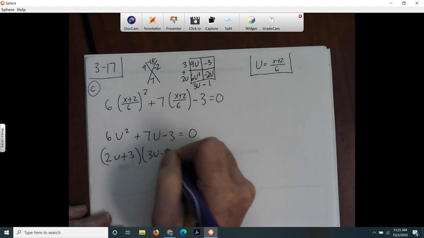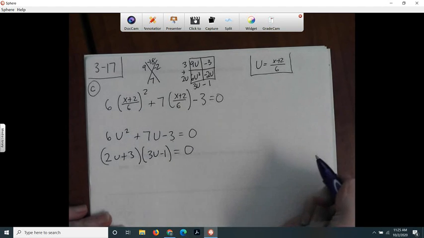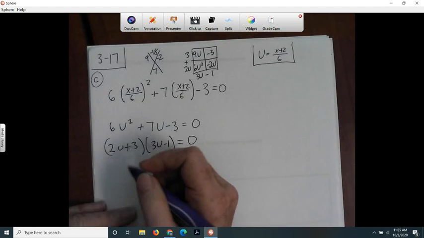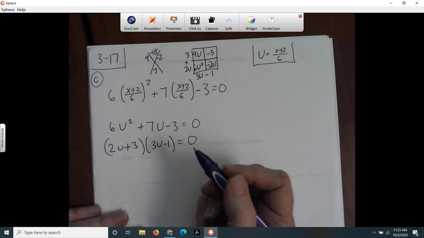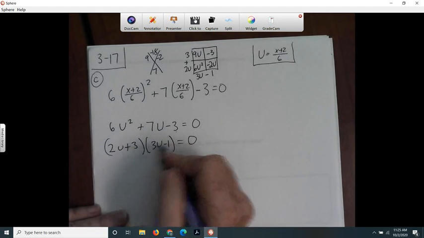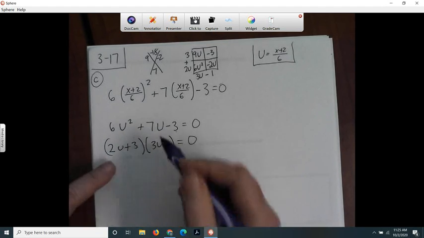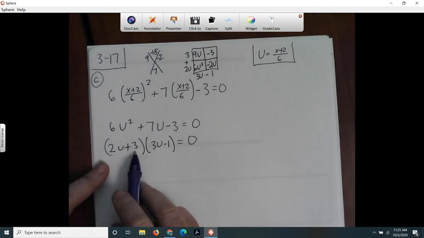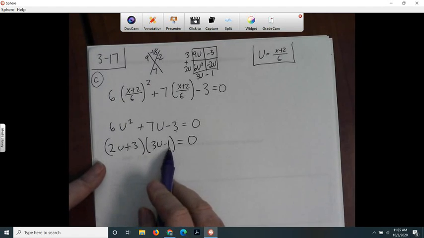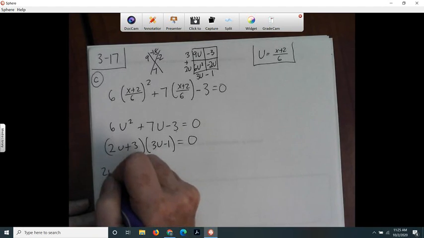Okay, so it's just a factoring problem now. I'm going to set these each equal to 0. Normally I just look at it with my mind. Like I can do this in my mind. I know this is going to be negative 3/2, so this is going to be, I think 1/3, but I'm going to use zero product property just in case you're not able to do that in your mind.